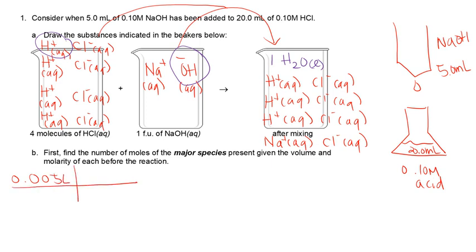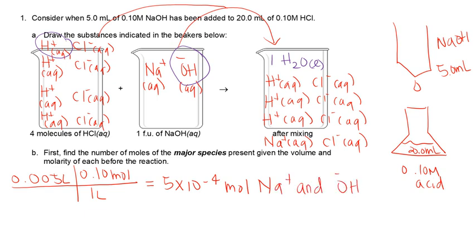And we had a concentration of 0.1, so 1 liter, 0.1 moles. And that is going to give us 5 times 10 to the negative 4 moles of Na plus and OH minus. Okay, because they're dissociating completely.